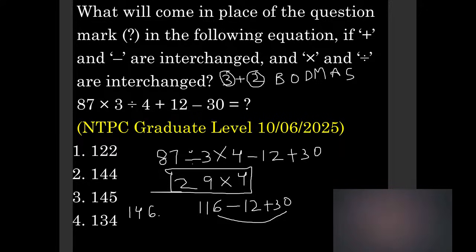Next it is subtraction. So 146 minus 12 means the answer for this one is 134. 134 is the final answer. After interchanging the symbols, we should use the BODMAS rule and solve it.